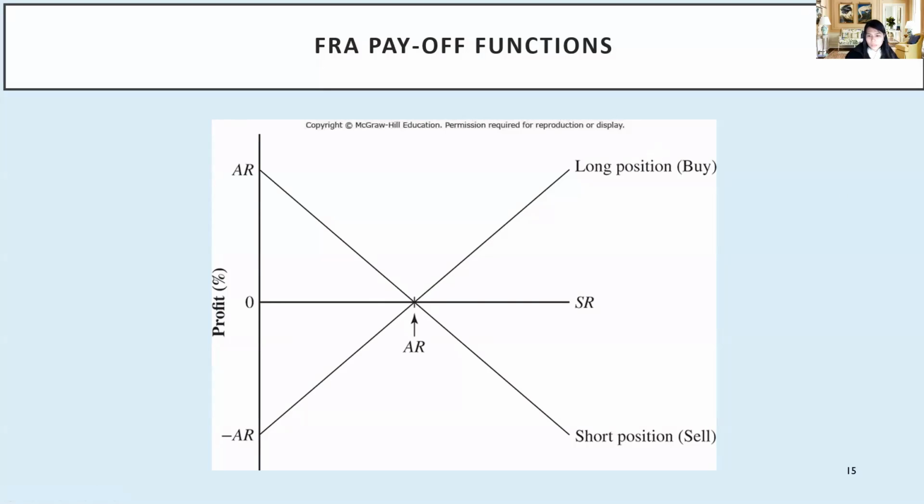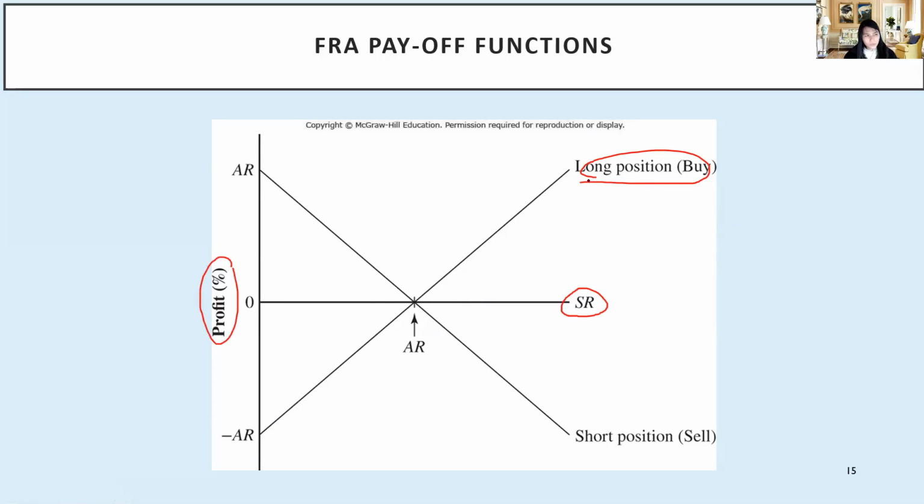Before we solve the question, let's talk about the FRA contract first. One of the parts of the question asks us to identify who pays whom. A FRA contract is a forward contract on interest rates. Similar to the forward contracts that we discussed before, you could have either a long or a short position. With a long position, you're looking at an upward sloping line. This axis is your interest rate, or your settlement rate, and this is the payoff of the contract.